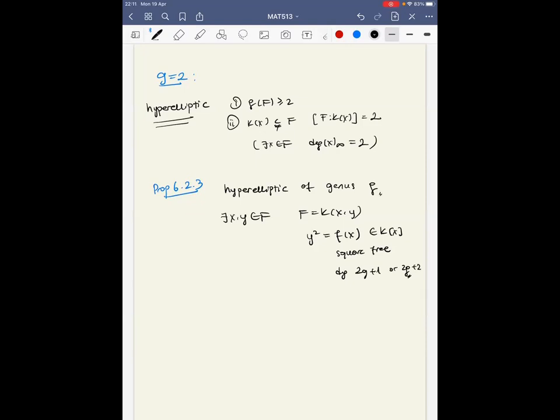And of course, when we compare to elliptic function fields, the situation in the hyperelliptic case is a bit more complicated, but still certain answers are possible, like the number of rational places.